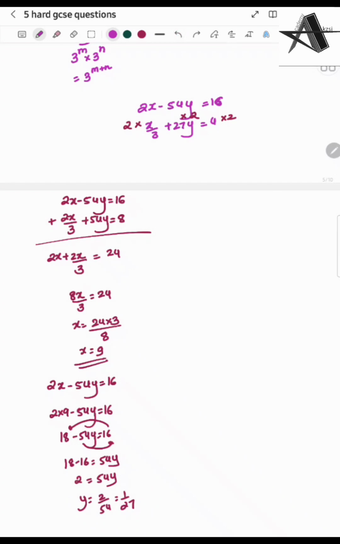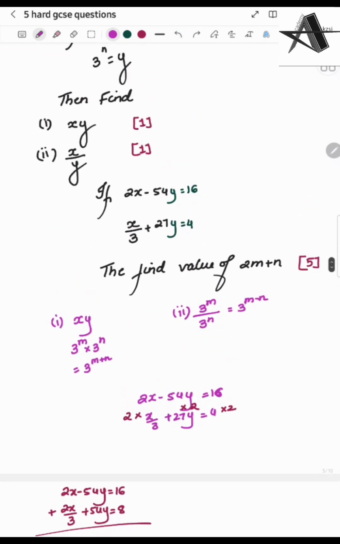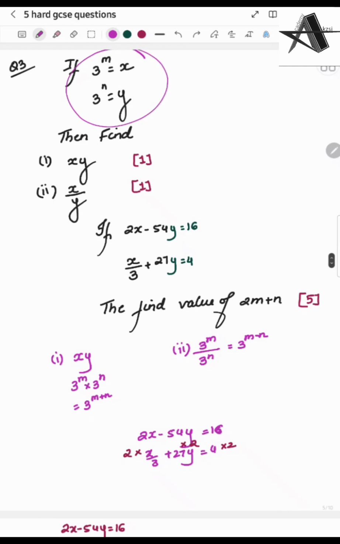But they are asking you to calculate the value of 2m plus n. That means now we have to calculate the value of m and n. Let me use this relationship.